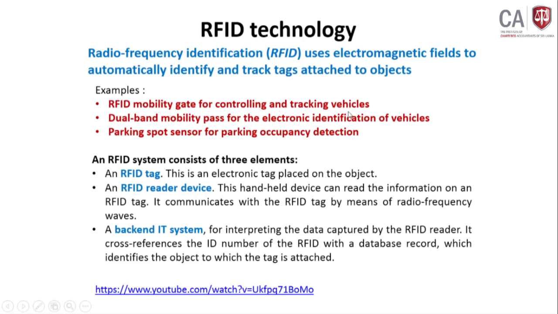You may have seen that sometimes when you park a vehicle in the car park, when you go inside, the security person or somebody will give an RFID card. So, you will be having that card and you put it in the car.